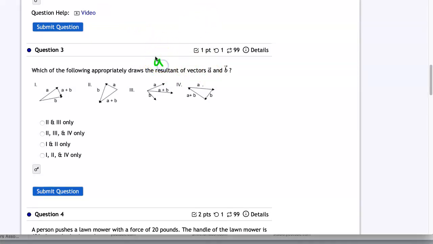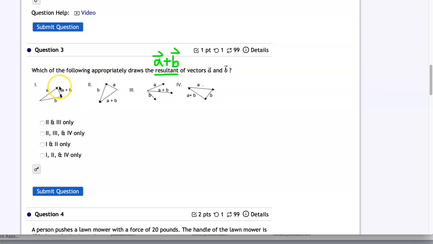So the resultant is going to be vector A plus vector B. And a resultant is always going to be the diagonal of the parallelogram formed by vectors A and B. So what you should do is just see if you can finish a parallelogram using A and B.